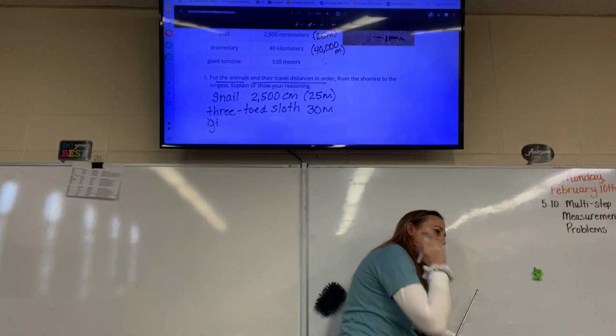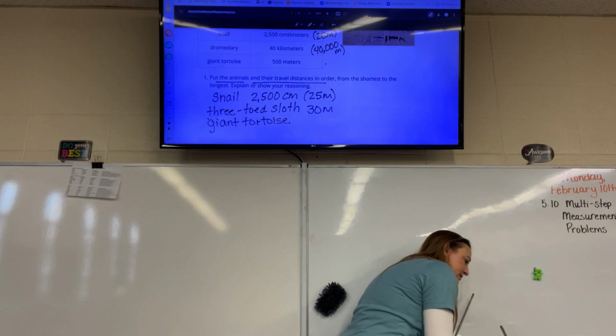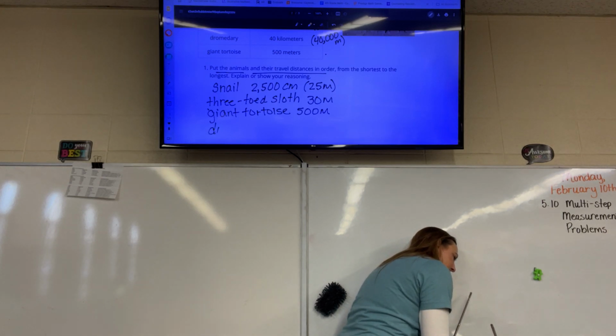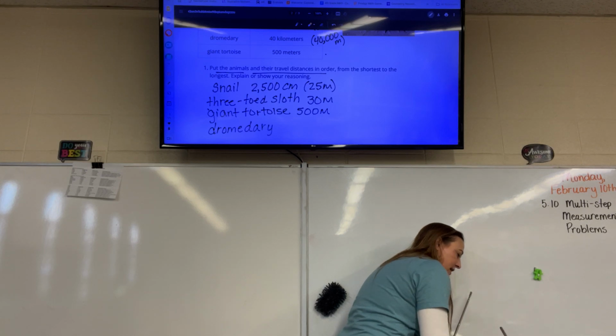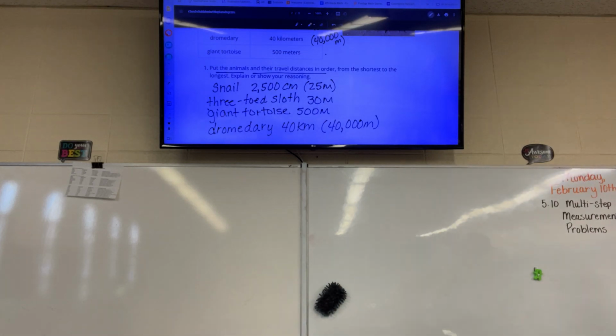Does that make sense, Olivia? We're using the numbers we wrote, not the ones that they put down. The giant tortoise, which is 500 meters. And that would leave the one that travels the farthest, the dromedary. And I don't know if I'm saying that right because I've never heard that expression. 40 kilometers or 40,000 meters. Okay, I'm going to give you a minute to finish copying that down.